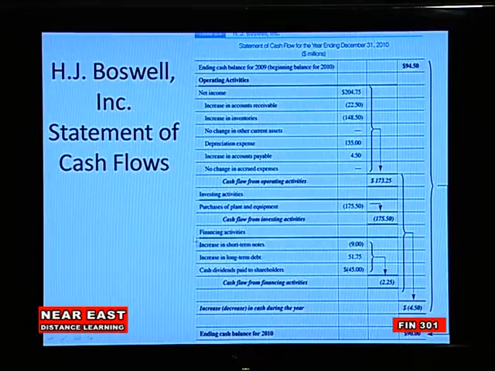After that, we will calculate cash flow from investing activities, including purchase of plant and equipment. The third section includes cash flow from financing activities, including short-term notes and long-term debts, and cash flow from dividends paid to shareholders.